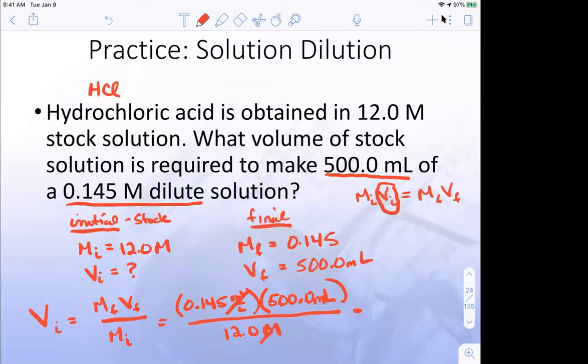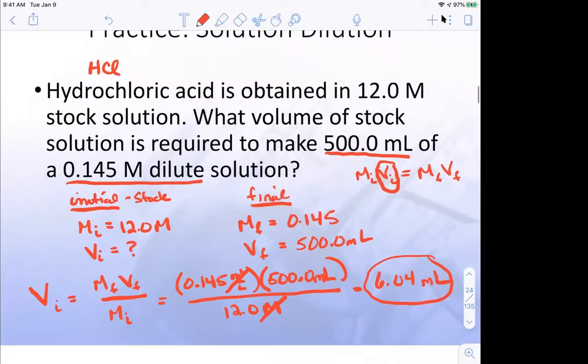Notice the molar cancels and I'm left with milliliter. You should also notice that I didn't convert to liters in this particular example. That's because since this is more or less a ratio, it doesn't matter what unit my volume is in. So I have 0.145 times 500 divided by 12.0, and what I get is 6.04 milliliters.